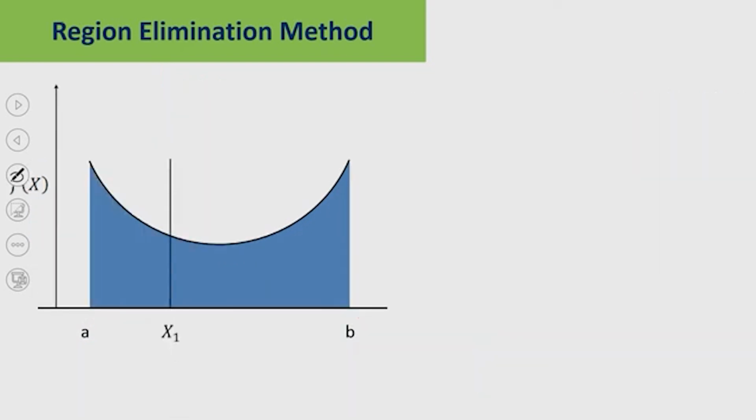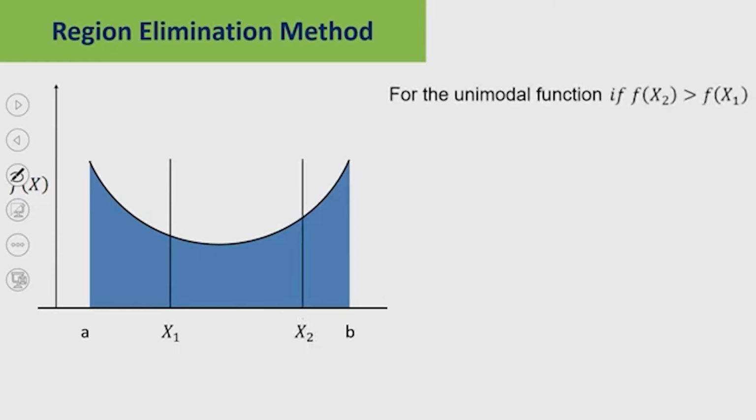Now, if I ask the second question, again for the same unimodal function, now f(x2) is greater than f(x1). This is my f(x2) and this is f(x1). In this case, f(x2) is greater than f(x1), so the optima is on this particular side, not on this side.